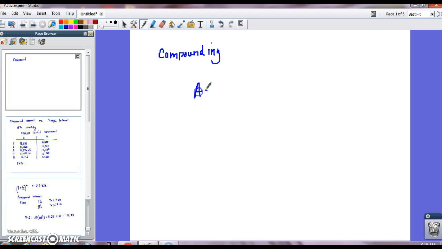A is equal to P times (1 plus R over N) to the NT. Okay, so that is the formula for compound interest.